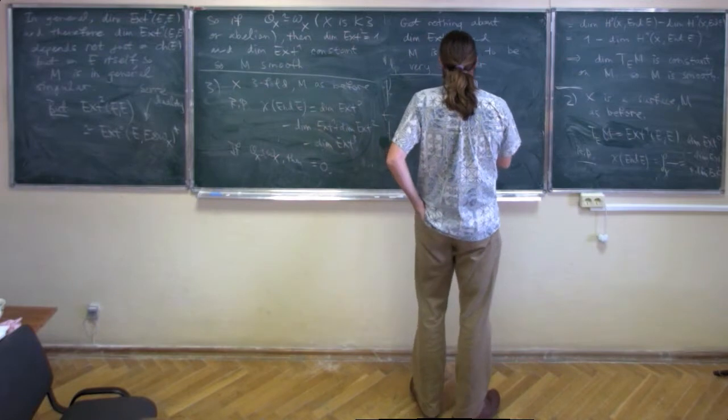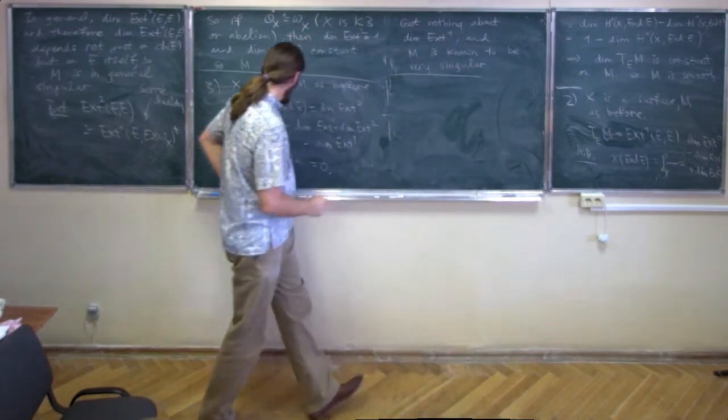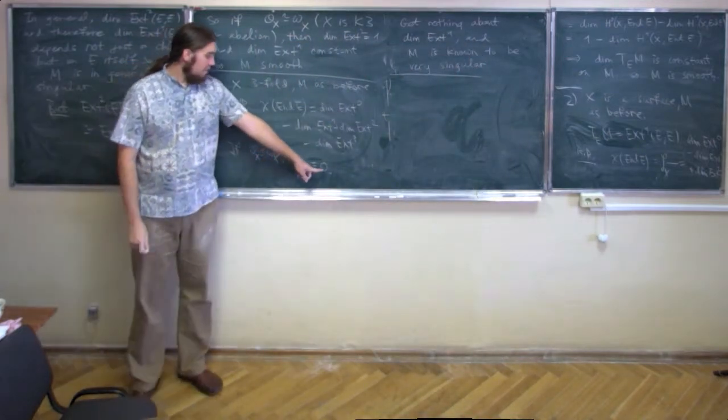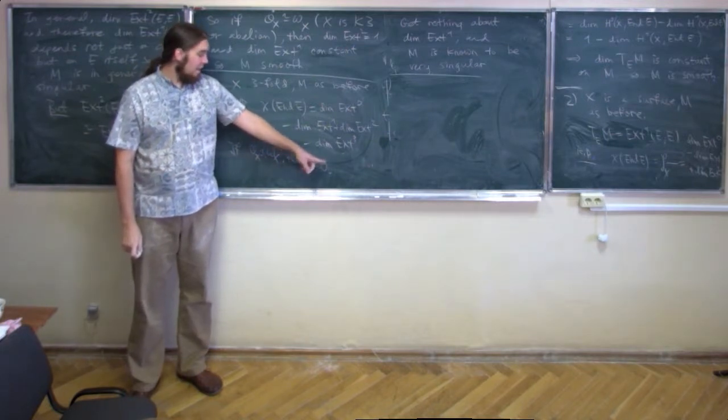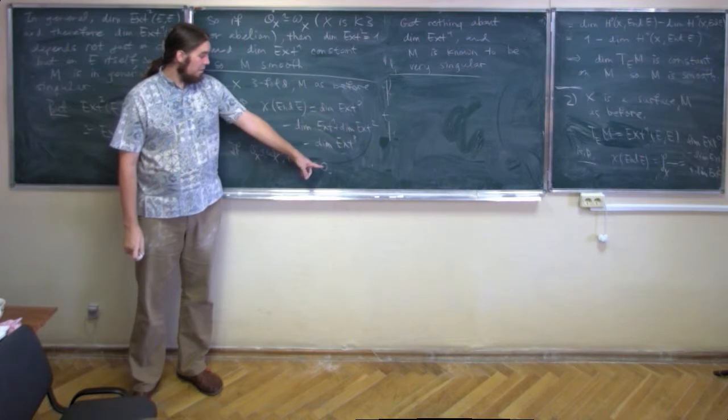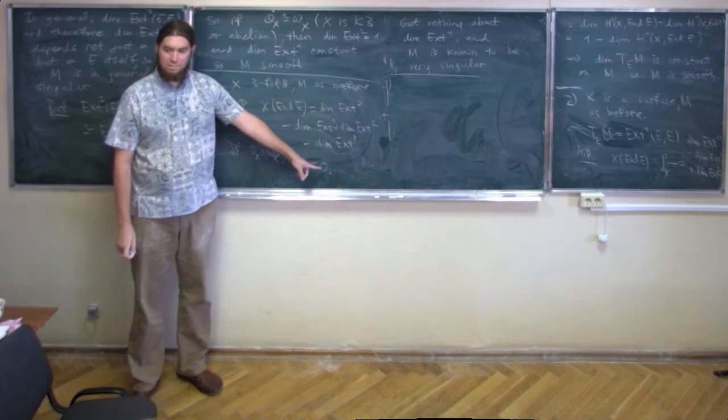And on the other hand, maybe this isn't telling us nothing. It suggests that if things were generic, then somehow you expect the moduli space to be of dimension 0.